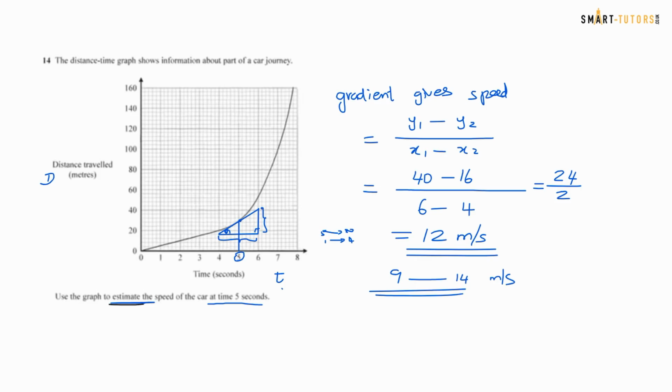So understand the method. In the distance time graph, the gradient gives the speed, and you draw a tangent at a particular point, measure the y distance and divide by the x distance, and that is the speed. That's the end of question 14.